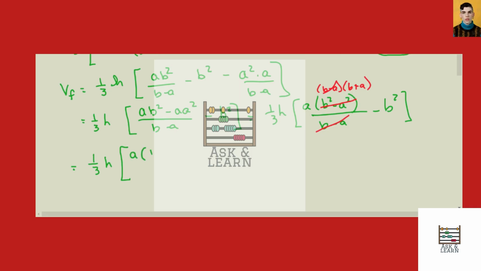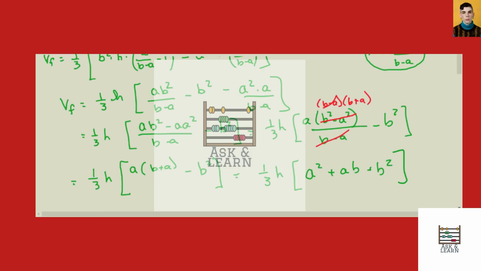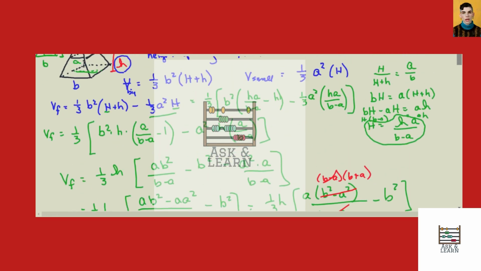Now I have A times B plus A, minus B squared, which is 1/3 h times A squared plus AB plus B squared, which means back here I wrote A minus B when I meant A plus B. You see right here where I had an h plus h, when I filled it in down here, I had an h plus h, and I changed it to h minus h by mistake.